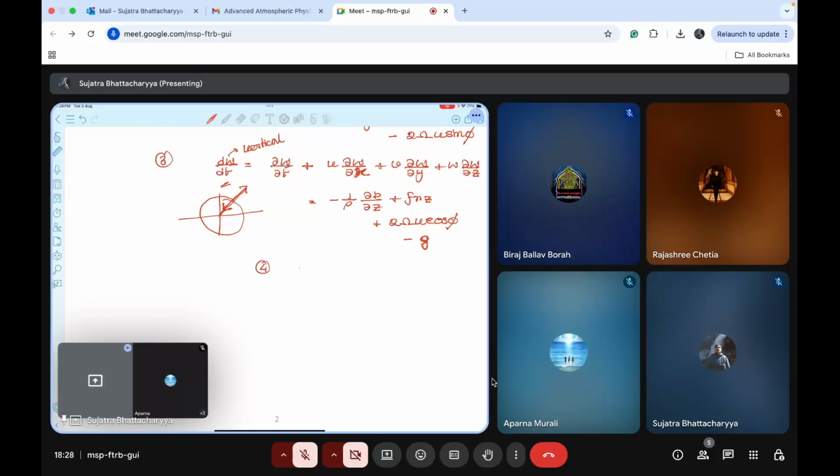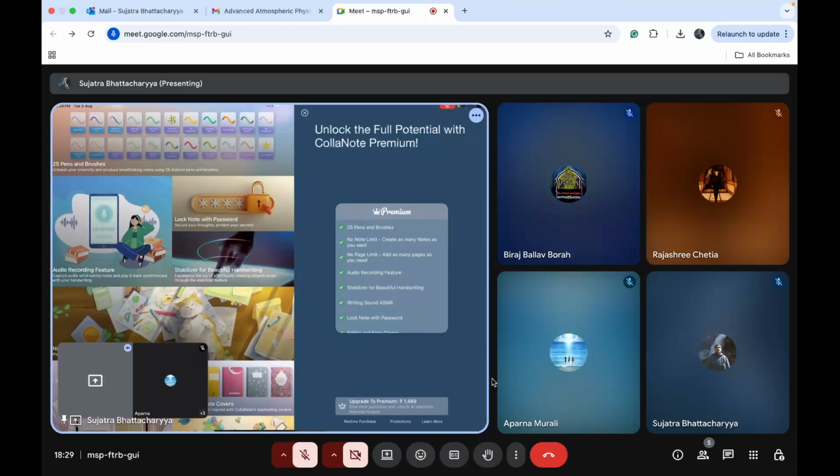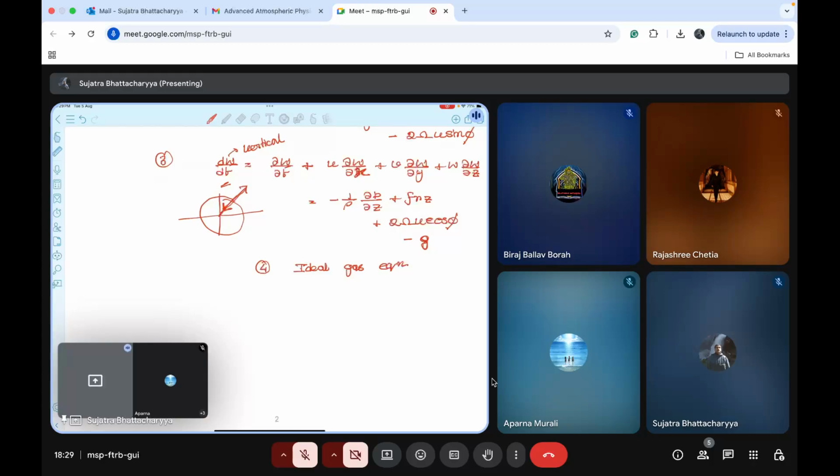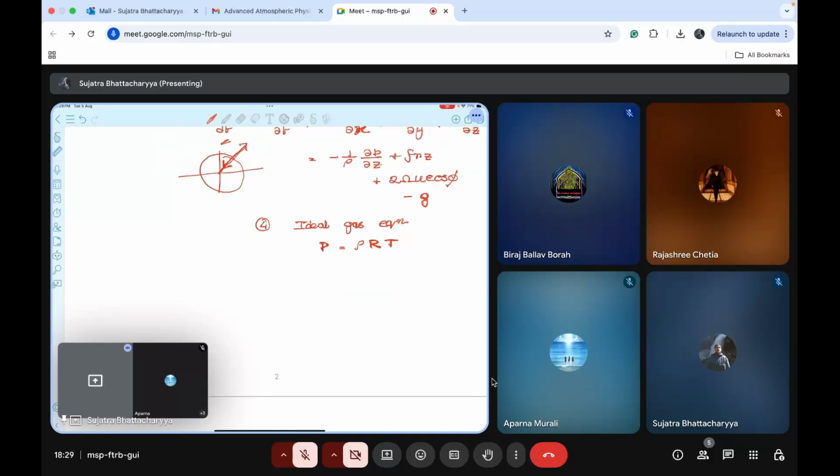The fourth one is the ideal gas equation, which we all know, coming from thermodynamics. It is P = ρRT, where R is the gas constant, T is the temperature, P is the pressure, and ρ is the density. The fifth one is mass conservation, which we will talk about at the last.